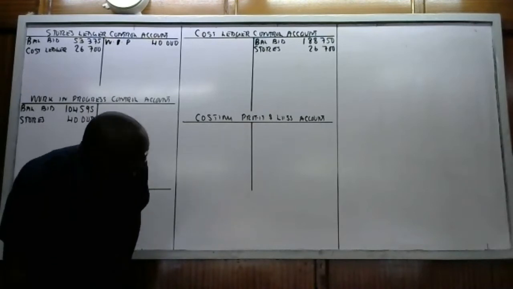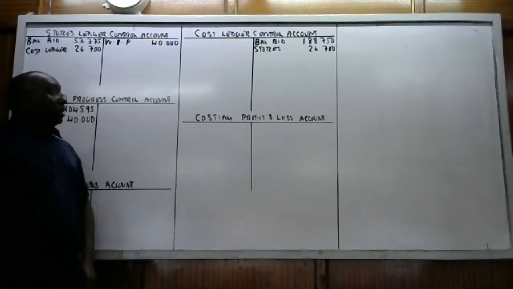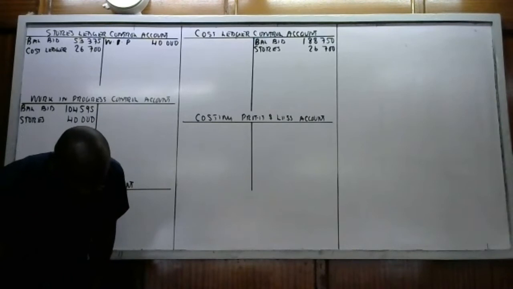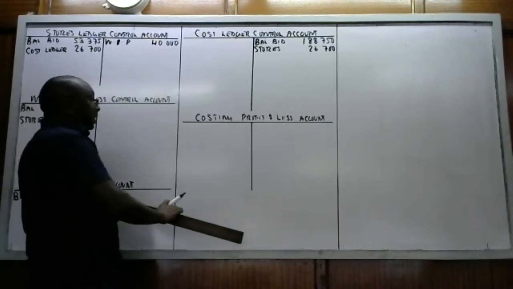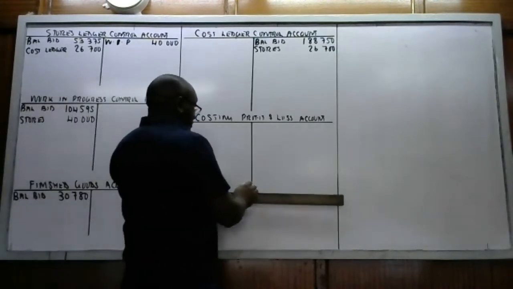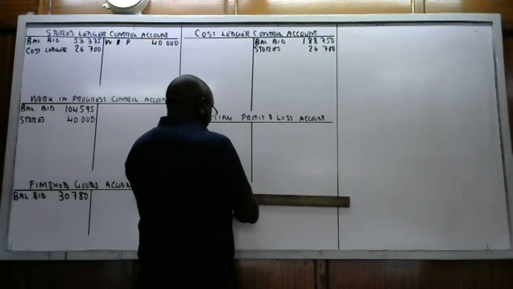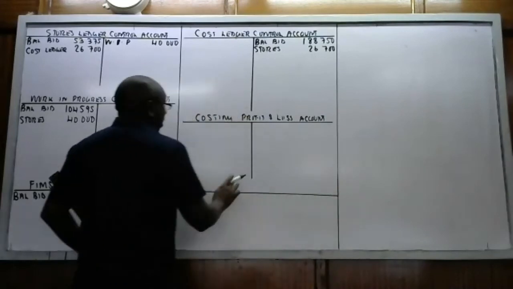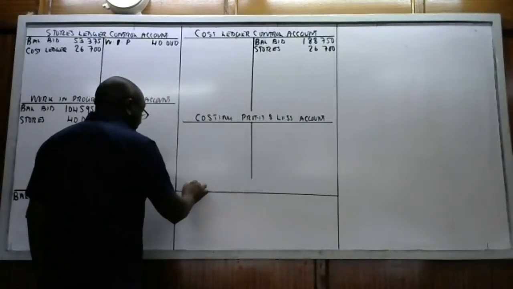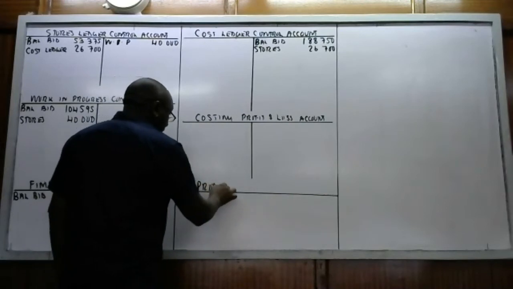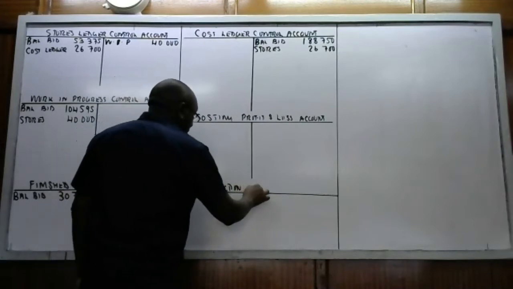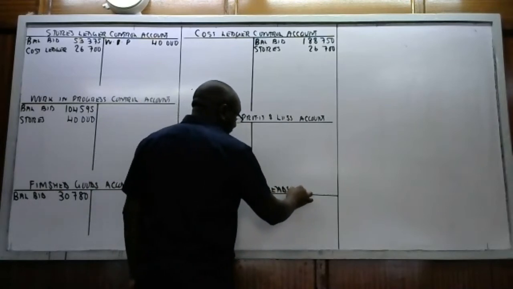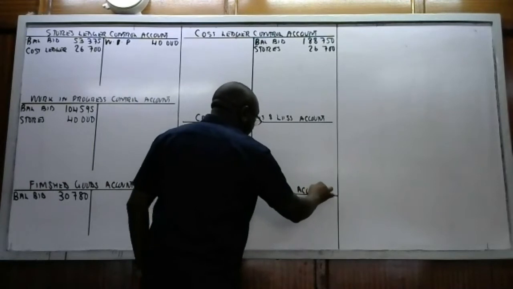Materials issued for factory repairs. Those are production overheads. So let's open an account and call it production overheads account. We also give it 5 to 7 lines.